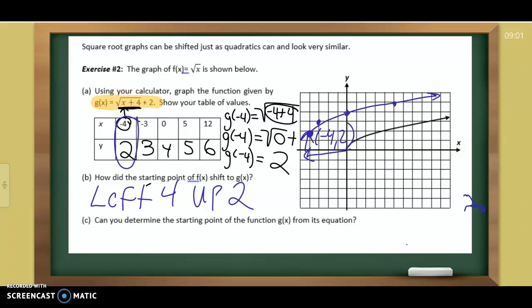How can you determine the starting point of the function? Well, it's in the equation, right? 4 there, 2 there, except it's always the opposite. So we can determine it from the equation.